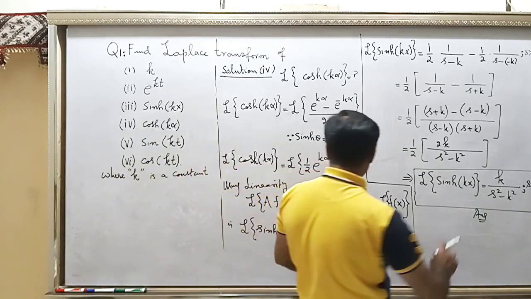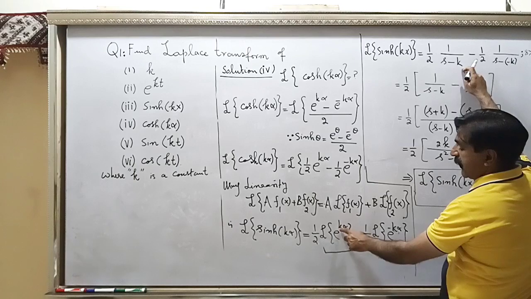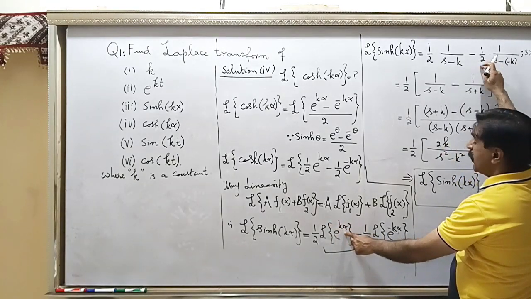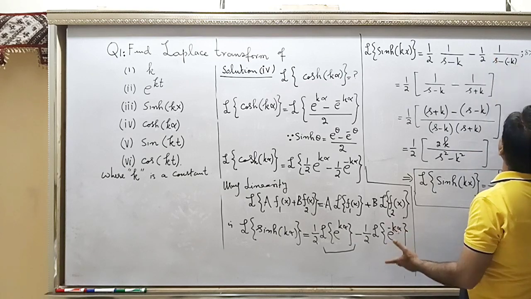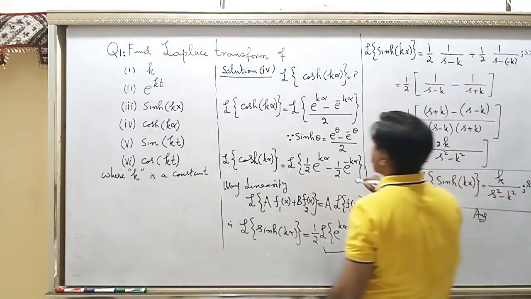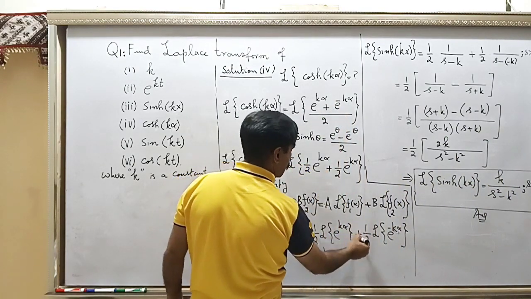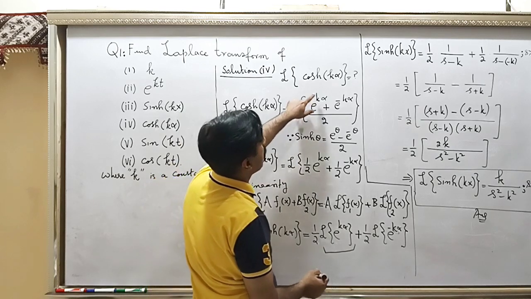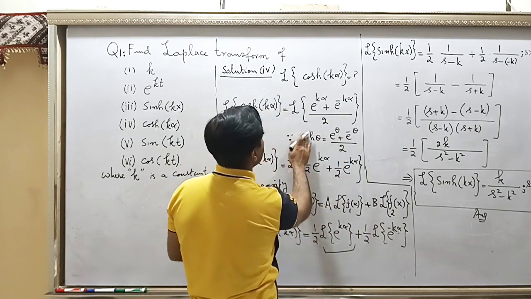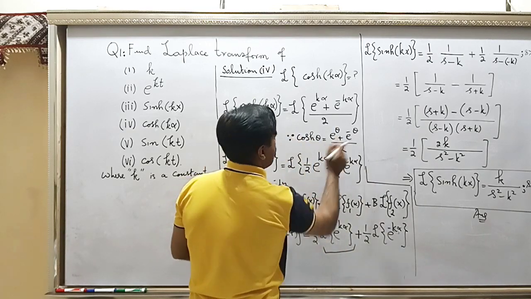And use this formula, 1 over S minus K. Alpha vanishes from the calculation and similarly minus 1 over 2, the same result, and S greater than K. Now you have a plus sign instead of the minus sign. The formula for the cos hyperbolic theta is e to the power theta plus e to the power minus theta.